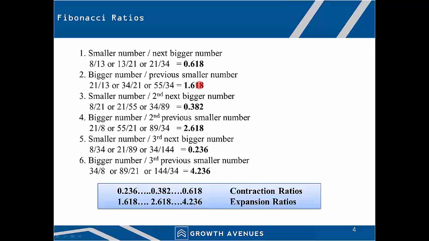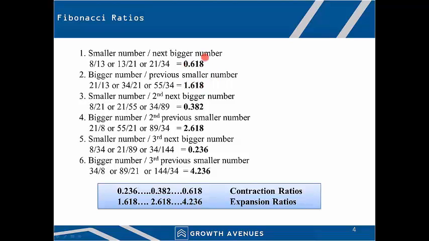Okay, so immediate numbers smaller by the next bigger, 0.618. Immediate numbers bigger number by the previous smaller number, 1.618. Okay, got that? These are the two basic Fibonacci ratios, the most important ones.